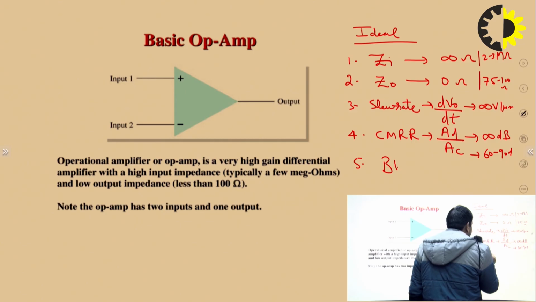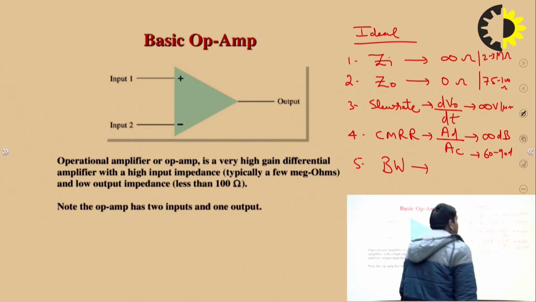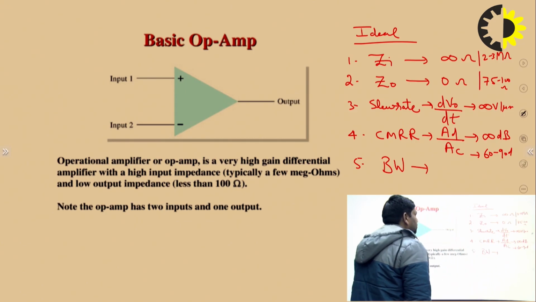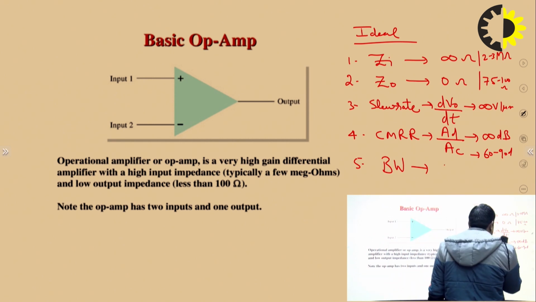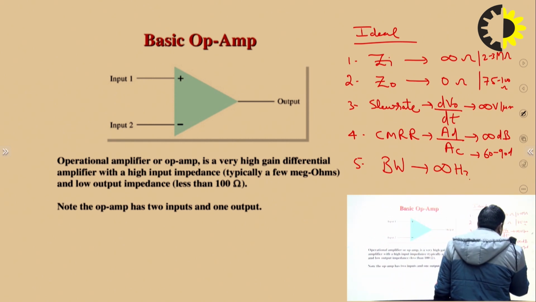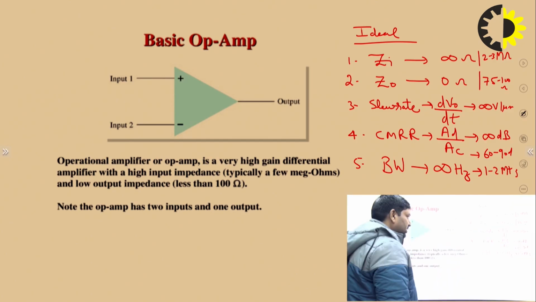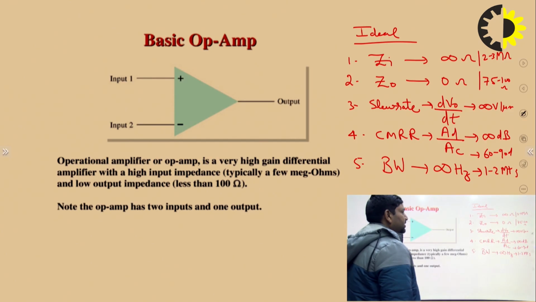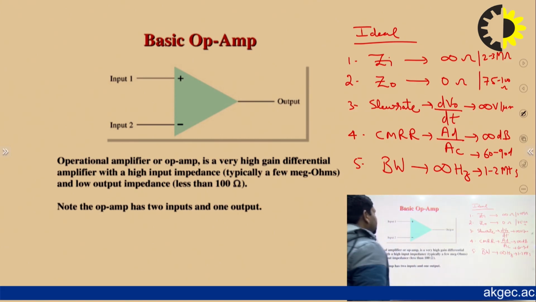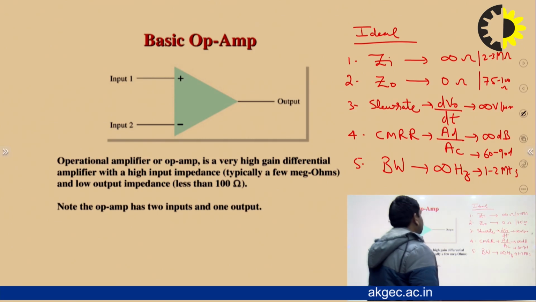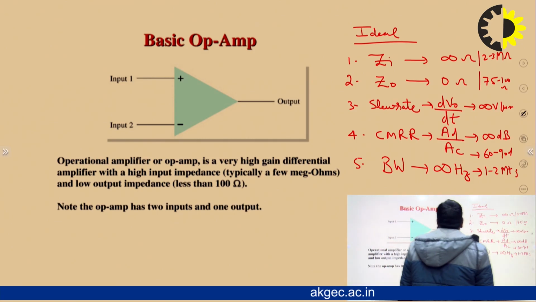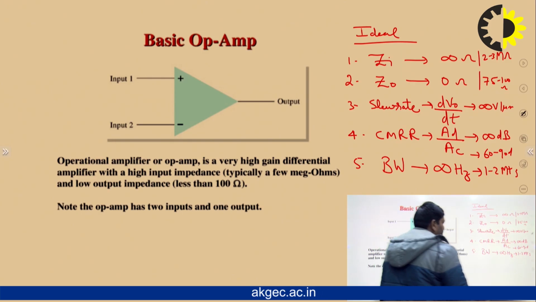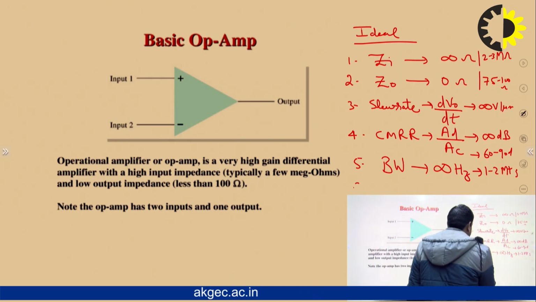The bandwidth utilized by that particular op-amp, for the ideal op-amp, is infinite hertz, but in practical application it is equal to 1 to 2 megahertz. That means the op-amp performs amplification and other operations in the range of 1 to 2 megahertz.